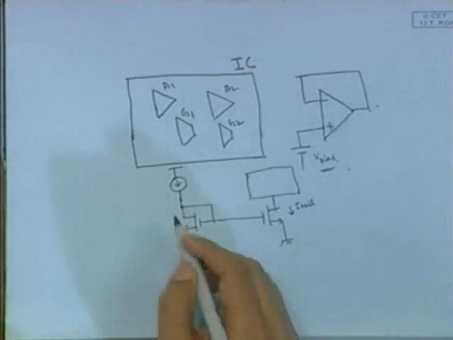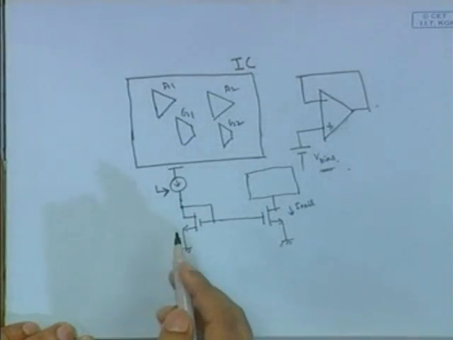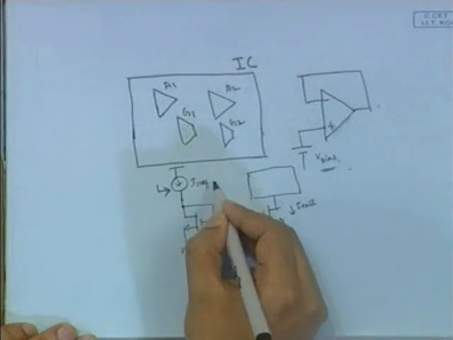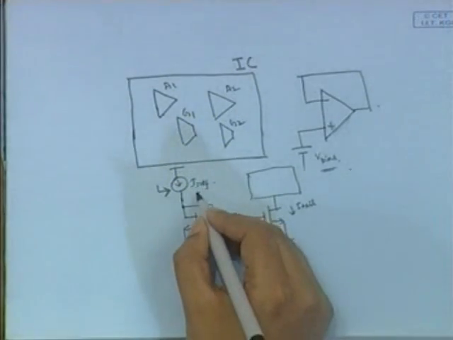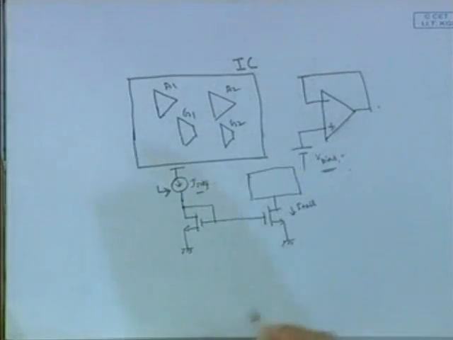So you need to design a circuit which will fix a particular current reference. So we will deal with these two particular elements: one, to design the current reference, another, the voltage reference. So this is the main objective of this course.